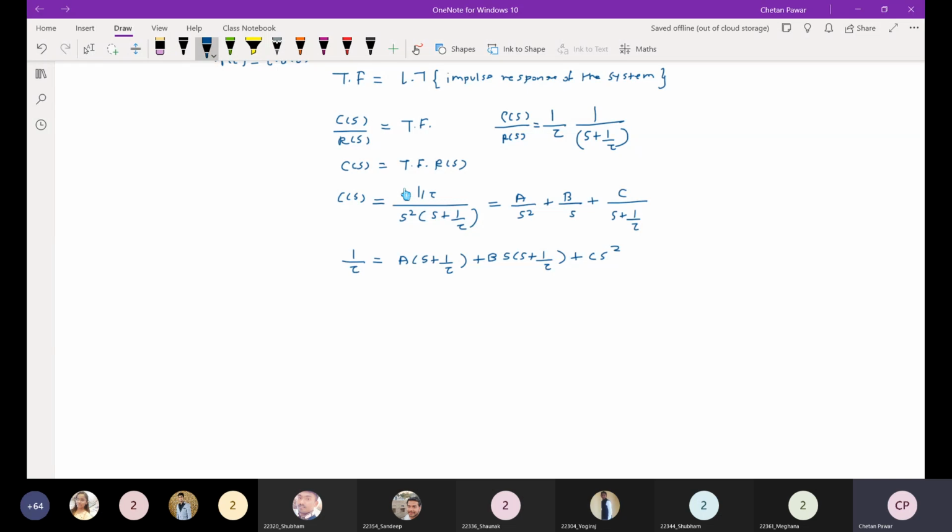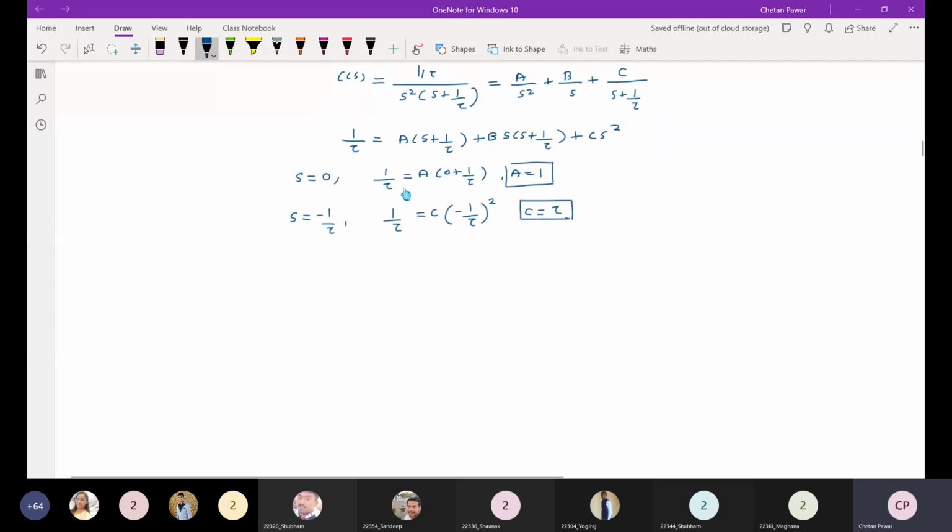Right. So when I put s is equal to 0, here it will be 1, right? When I put s is equal to minus 1 by tau, so c will be equal to tau.